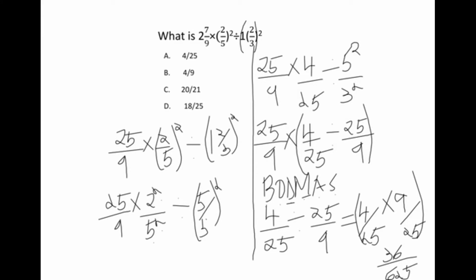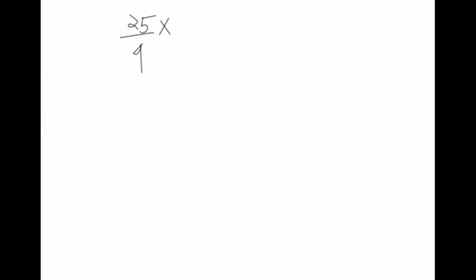And we multiply 25 over 9 by the solution that we got, 36 over 625.